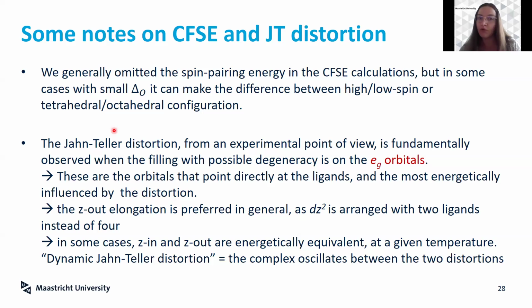You could have it more prominent at higher temperature, stuff like that. This is what is called dynamic Jahn-Teller distortion. So most of the Jahn-Teller distortions that you're going to see are going to be static. So once it forms, that is the configuration. But your complex might oscillate between Z in, Z out, Z in, Z out, if the system allows for dynamic Jahn-Teller distortion. So it's 2 configurations at the same time, exactly like the Berry pseudo rotation could give you 2 conformations at the same time.